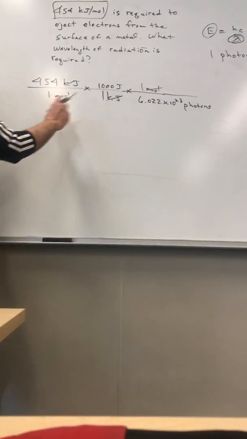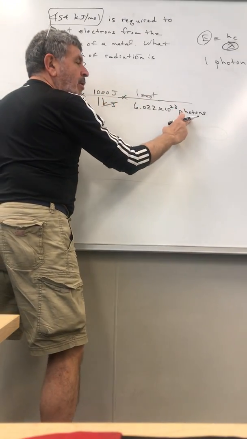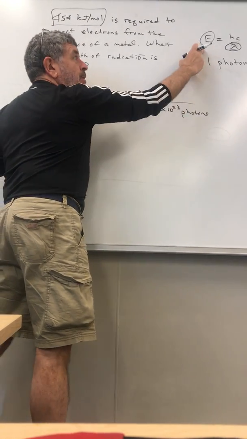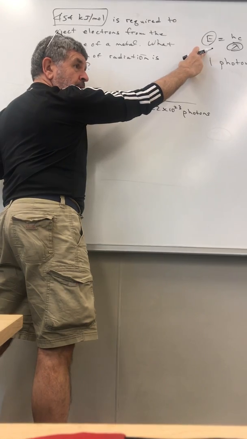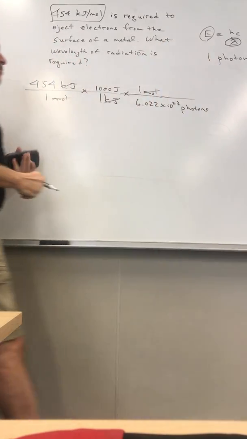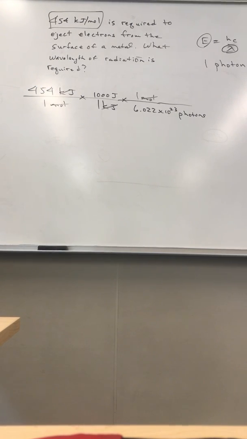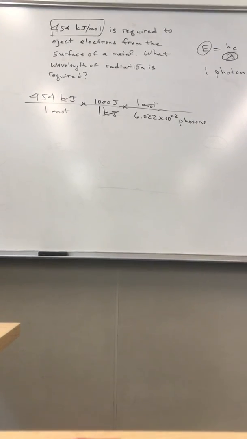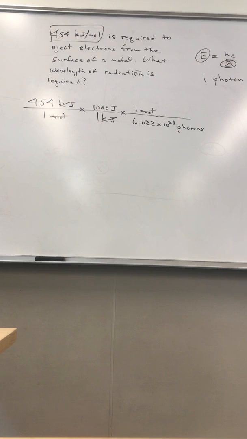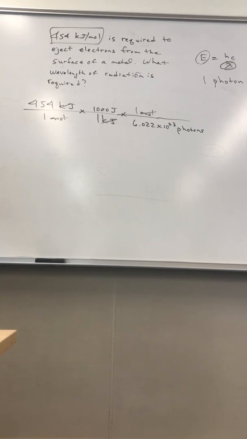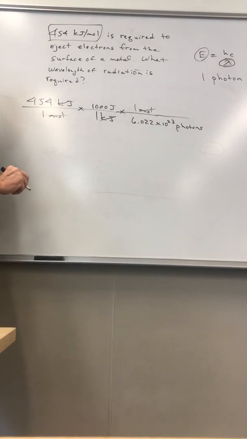Okay, so let's calculate that energy. That will now be joules per one photon, which we need up here to calculate wavelength. 7.5 times 10 to the... negative 19.